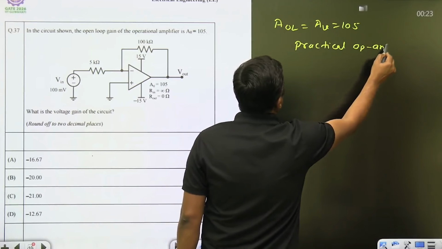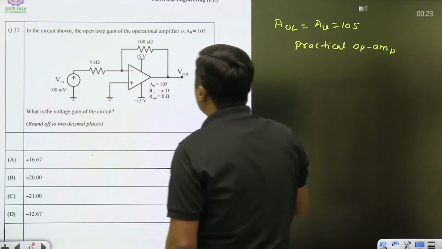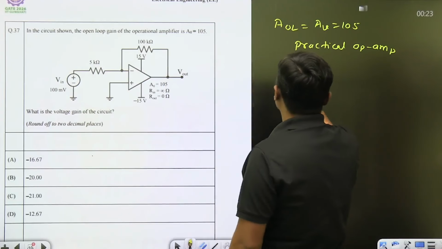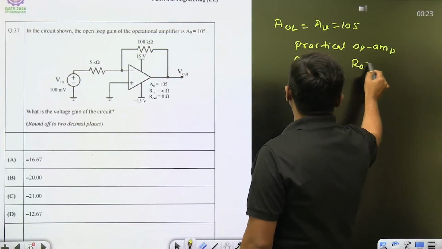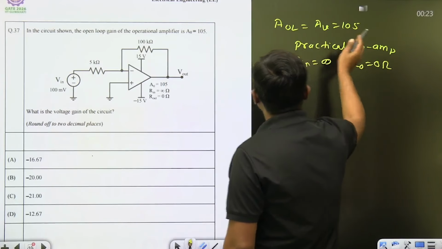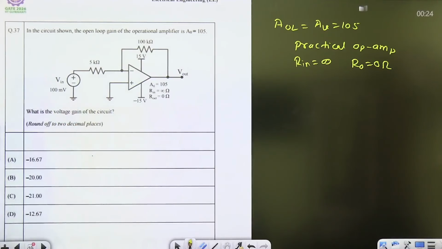What is the voltage gain of the circuit? RI is given, infinite. R0 is given 0. These are ideal values, but this is the practical operational amplifier. What is the voltage gain of the circuit shown in the figure? Minus 16.67, minus 20, minus 21, minus 12.67.